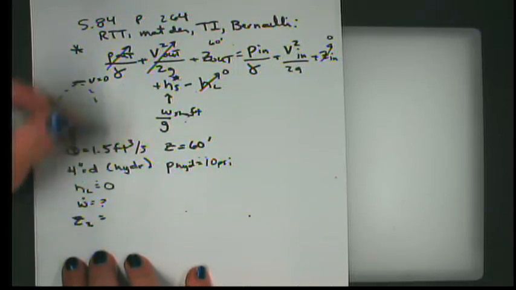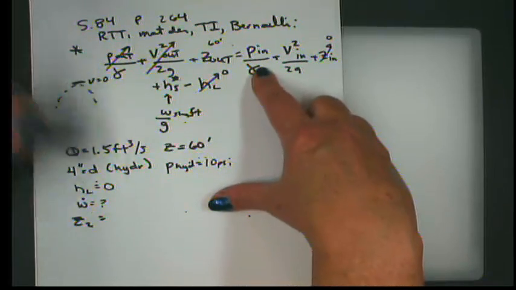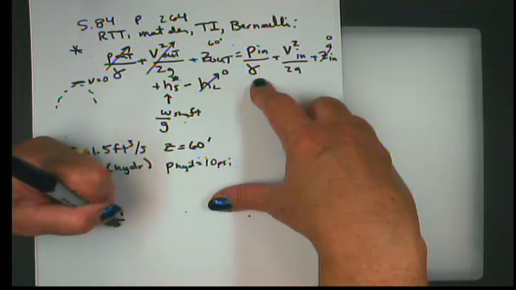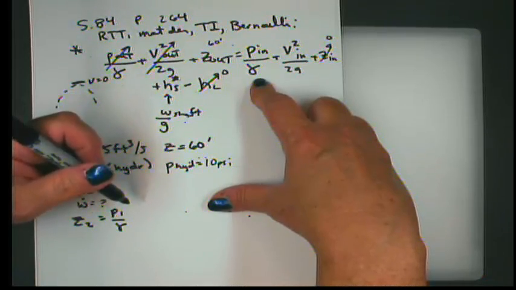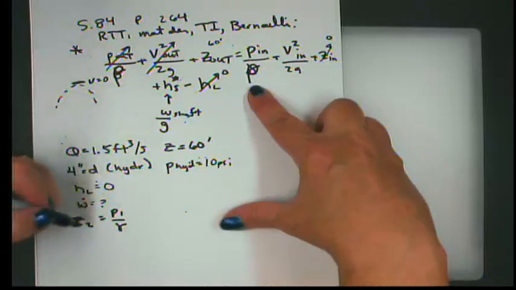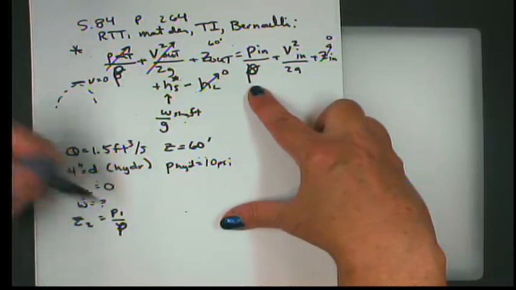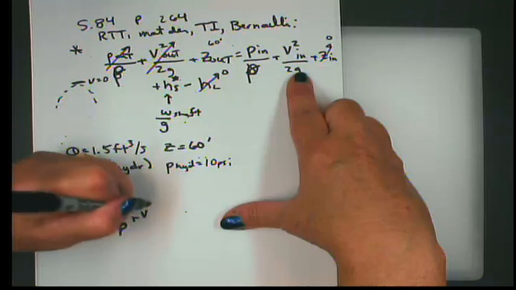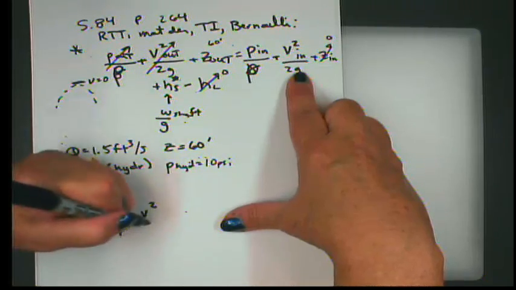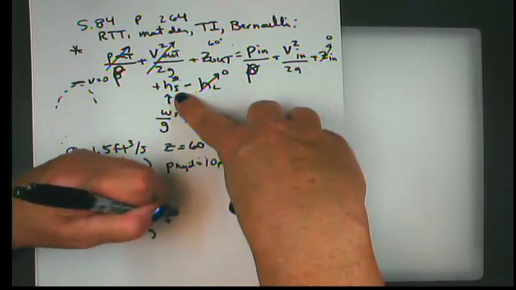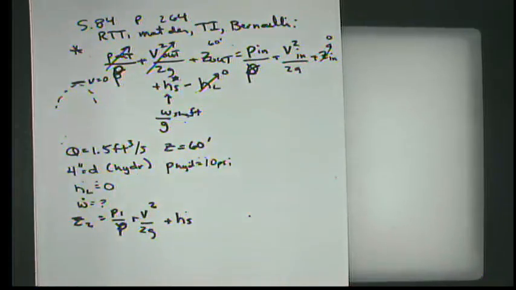Z2 then will be equal to P1, or P at the hydrant, divided by gamma. It's actually going to be rho, isn't it? I don't know why I have gamma there. That makes the units come out properly. Just remember gamma is equal to rho times g. Plus V squared over 2g, that's 0, plus H sub S. Okay?